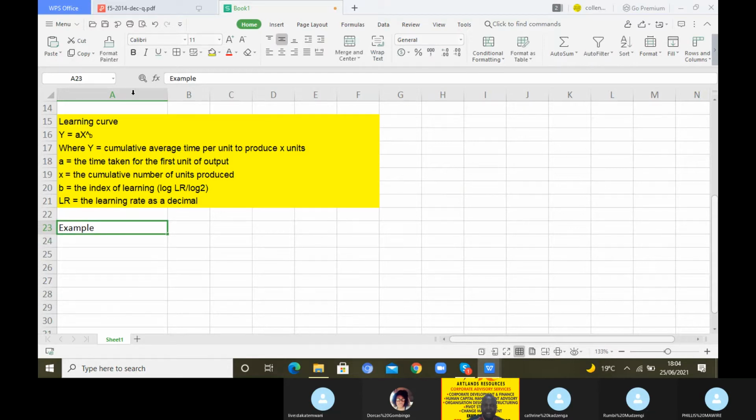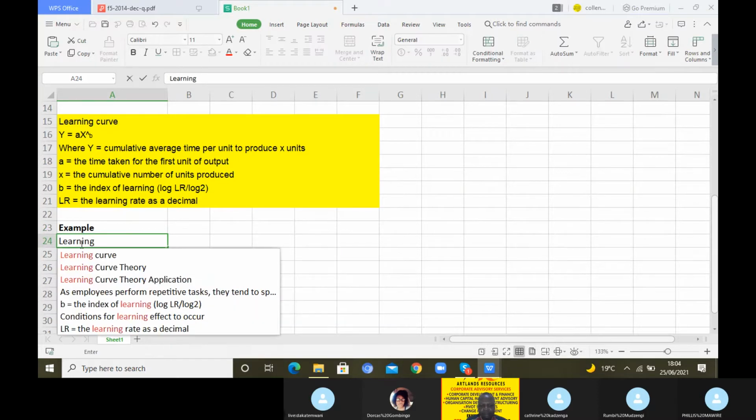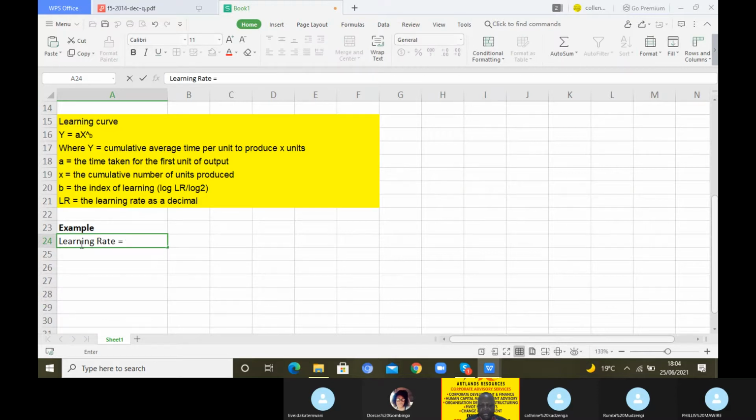Let's say learning rate equals 90%, and the time taken to produce the first unit equals 40 hours.